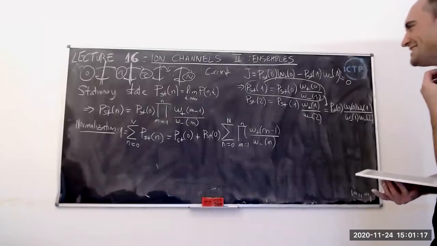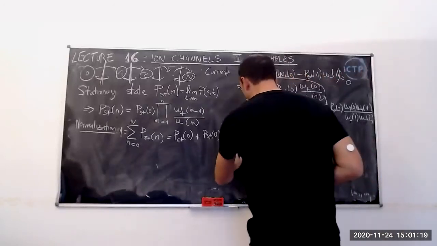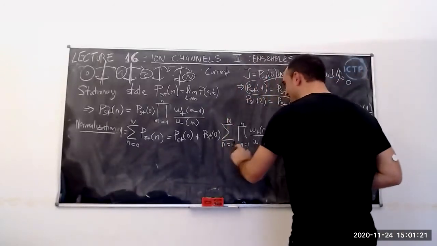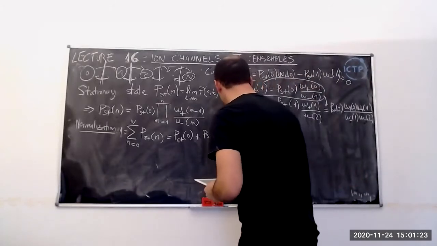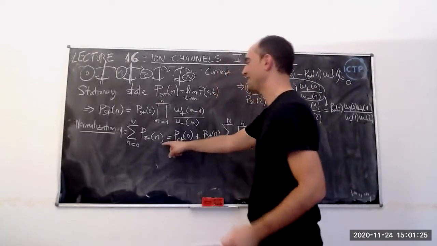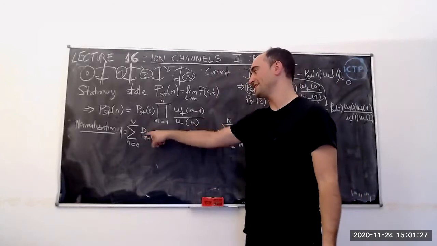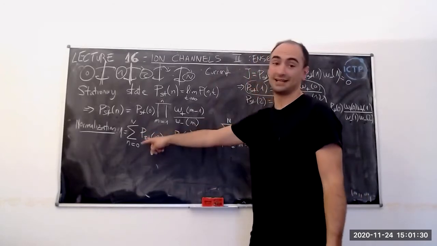No, the sum starts from 1. Exactly. You are being very clever here. The sum here starts from 1, because I have written this as P stationary 0 plus the sum from n equals 1 to N.